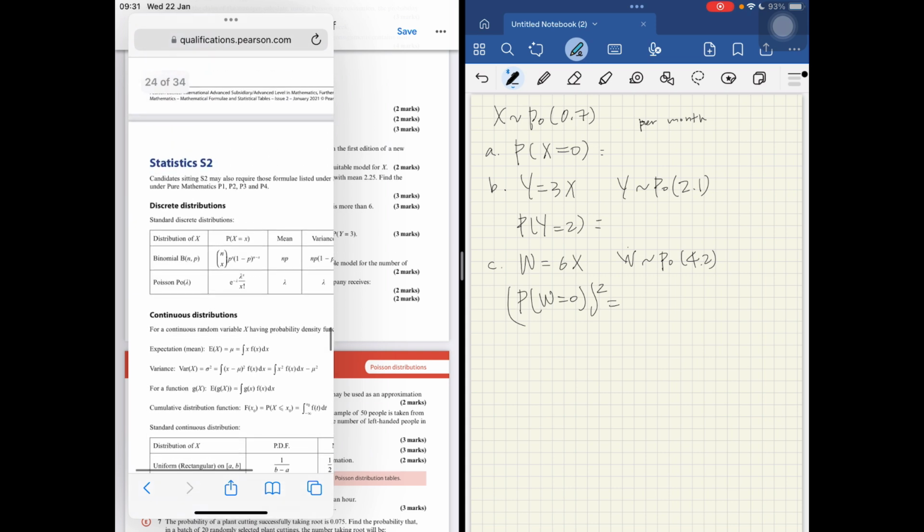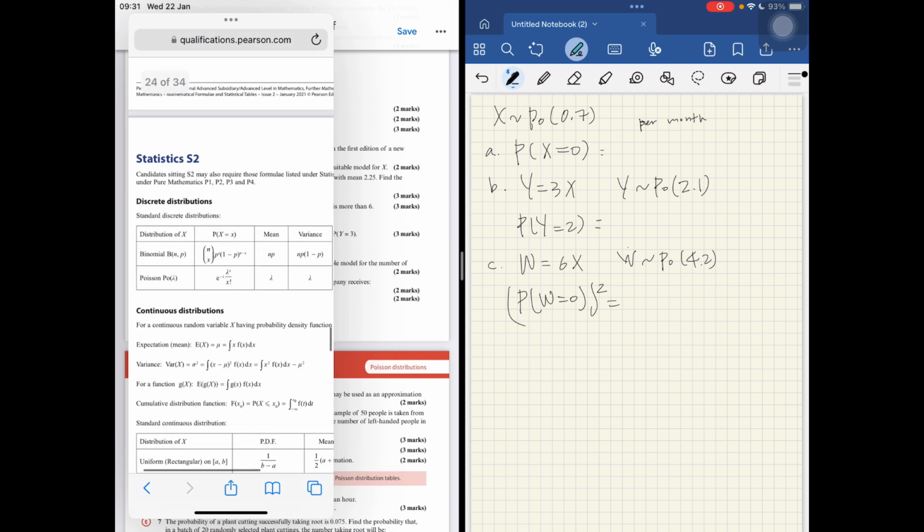But instead we can calculate e to the power of negative 0.7 times 0.7 to the power of 0 over 0 factorial. So e to the power of negative 0.7.